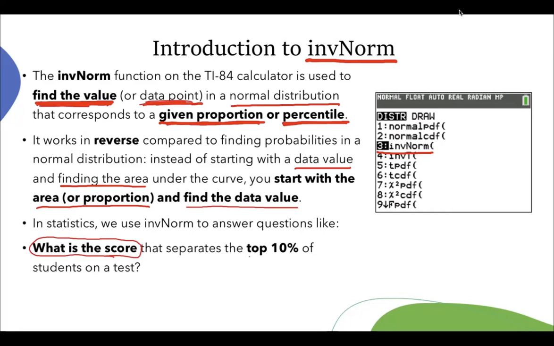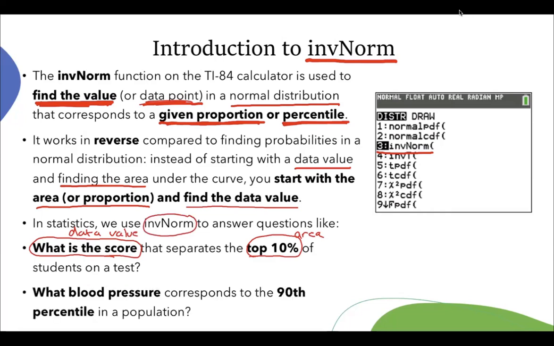And it's giving you an area. Top 10% represents a piece of the curve, and we'll shade that in to get a better view of what it looks like. But that represents the area, and you're being asked to find the data value. So when you're asked a question in reverse like that, we use invNorm, inverse norm.